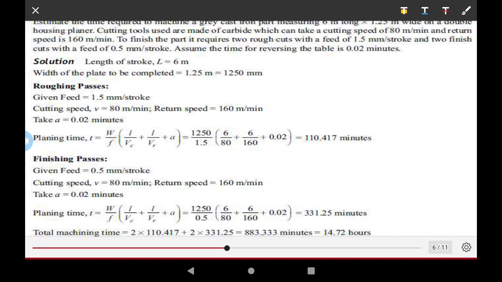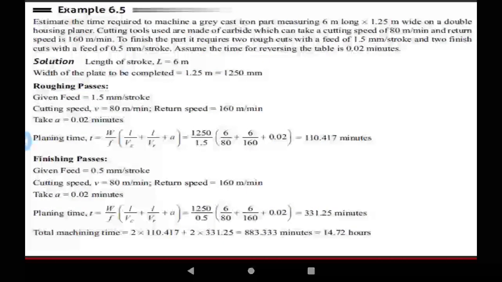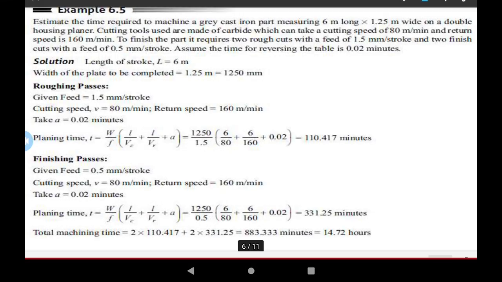For the finish cut, the feed rate is 0.5 per stroke. Assume the time for reversing the table, small a, is 0.02 minutes. Now solve this problem with all the given values.